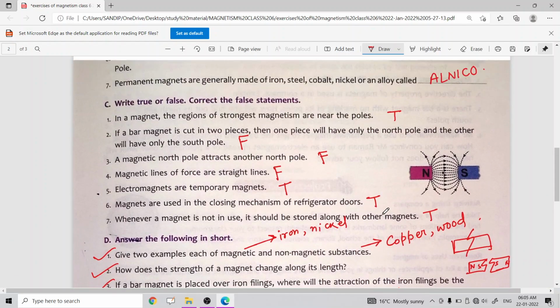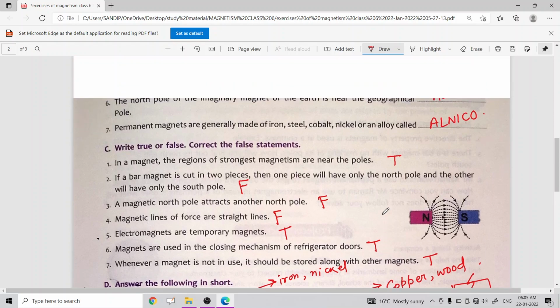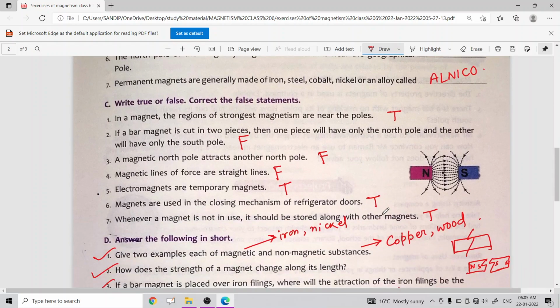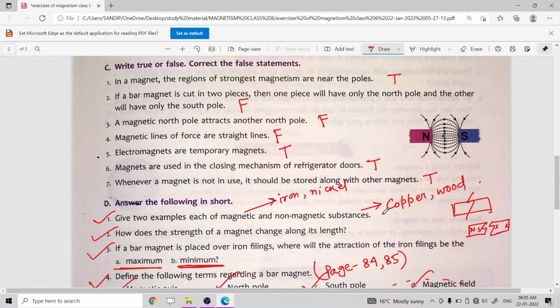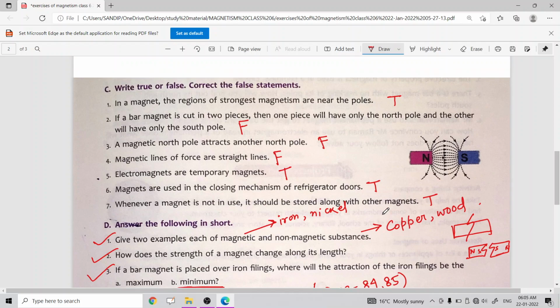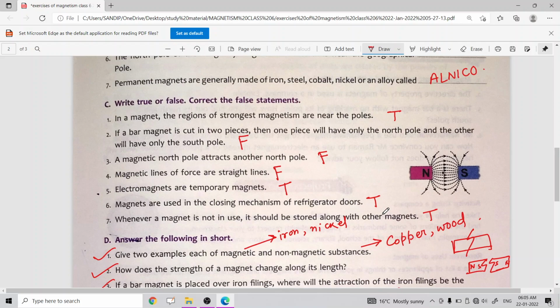The chapter is already completed. Now for true or false, question number 7: whenever a magnet is not in use it should be stored along with other magnets, but using magnetic keepers.